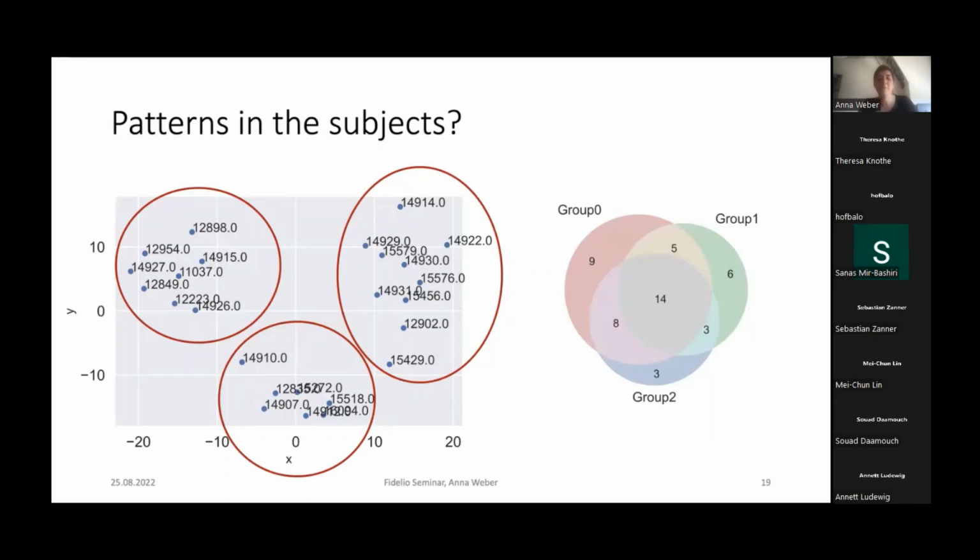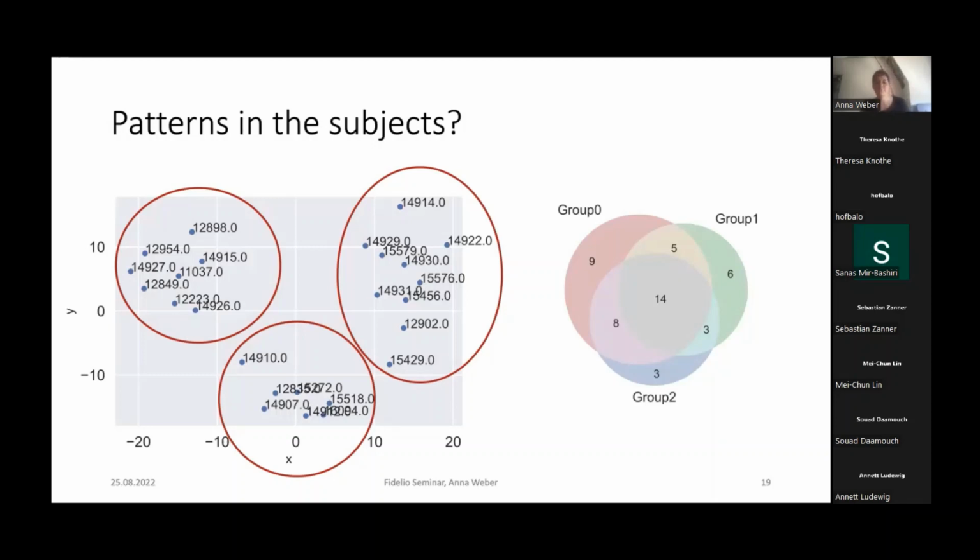What I'm plotting here is a multidimensional scaling plot of the similarity of the repertoires. Similarity in this case was again simple overlap of sequences: how many sequences do these patients have in common?